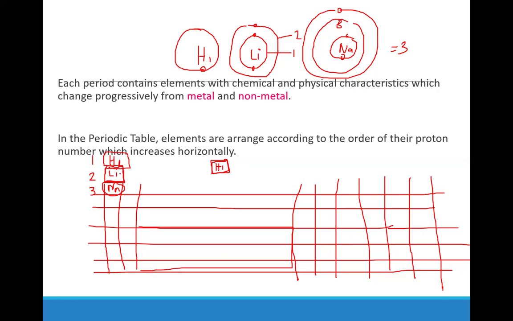So as you move down group one, or as the period number increases, say from 2 to 3 to 4 to 5 to 6 to 7 to 8, the reactivity of the elements increases, right? So if you move down group one, when you study group one, you'll see that reactivity increases. It's a property of group one which you need to know. So the reactivity increases, right? And that is because the period number increases, right?